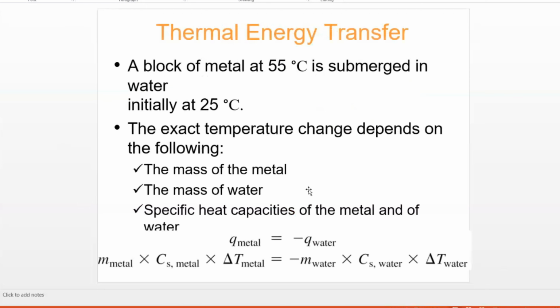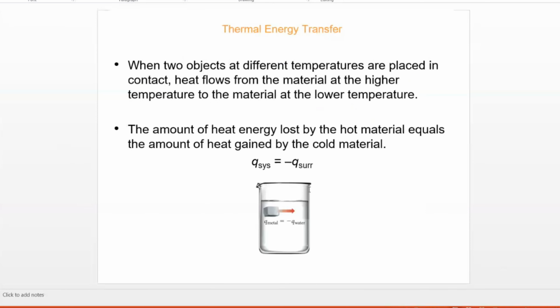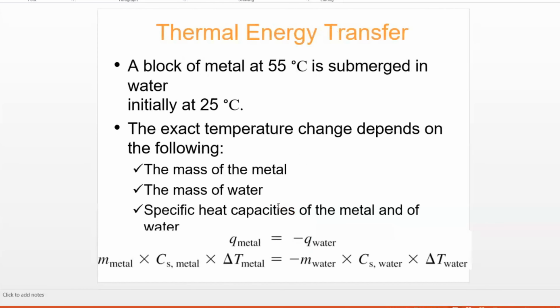So if you are submerging an object, and this you might do in lab, or you might have questions on homework or the exam, if you are submerging a hot metal object into water, and you are trying to determine the specific heat capacity of that object, and thus what metal it is, you can figure that out based on the mass of the metal, the specific heat capacity of the metal, which you will try to find, the change in temperature of the metal, the change in temperature of the water, the mass of the water, and the specific heat capacity of the water.